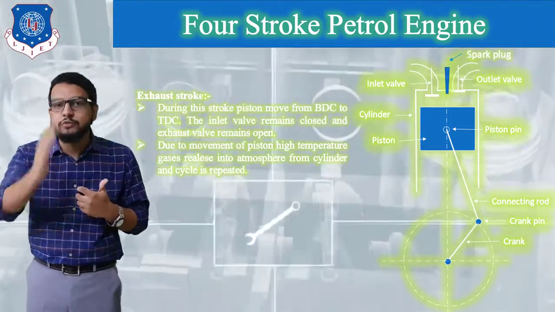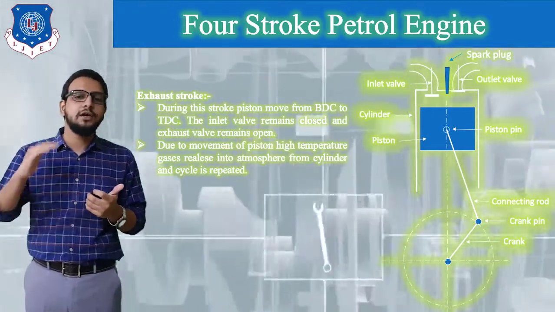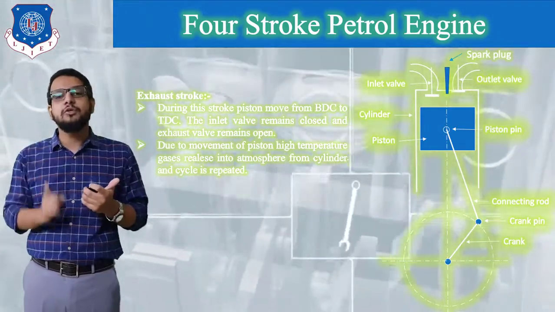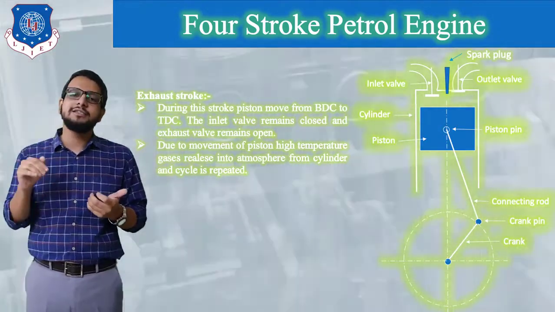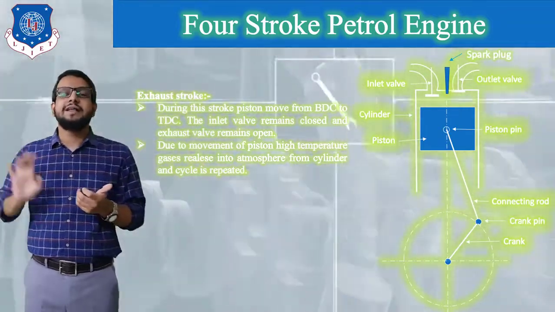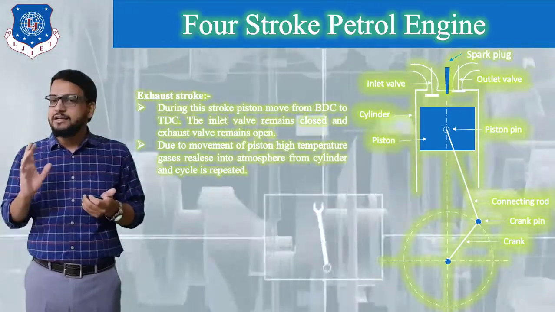So the last stroke will be an exhaust stroke, in which the piston will move from bottom dead center towards the TDC side. The inlet valve will remain closed, but during this stroke, the exhaust valve will be open and hot gases will begin to exit the cylinder through the silencer into the surrounding atmosphere, and hence the cycle is completed.